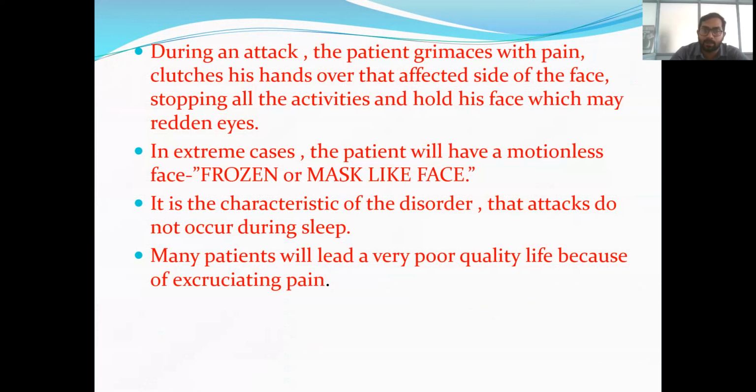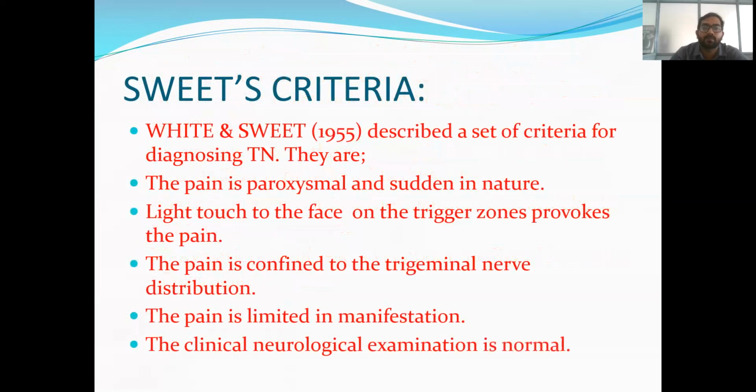In extreme cases, the patient will have a motionless, frozen, mask-like face. It is a characteristic of the disorder that attacks do not occur during sleep. Many patients lead a poor quality of life due to the excruciating pain on the side of the face.